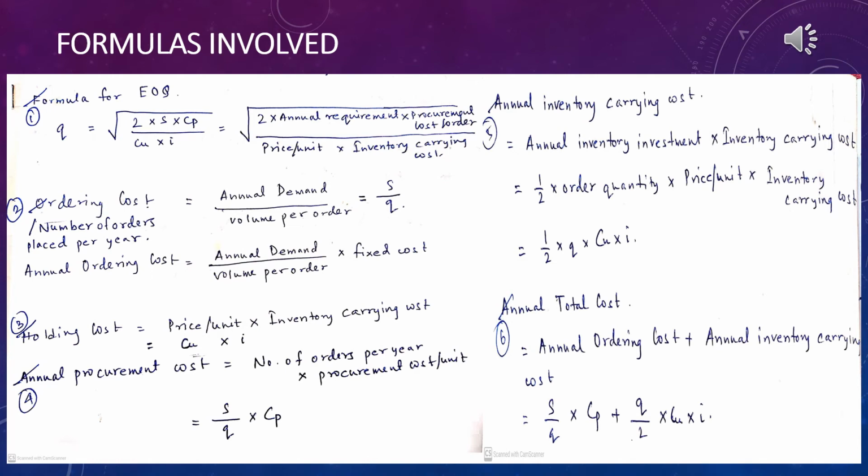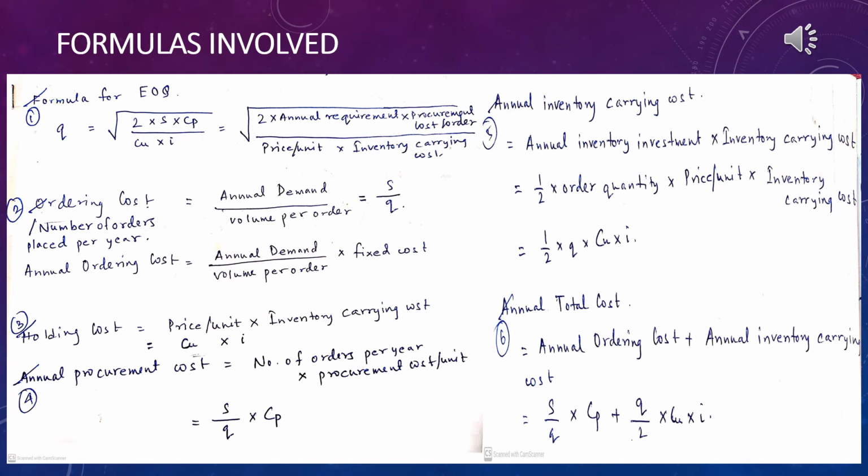Now if we put the values back into the actual formula of EOQ, 40 and 0.16: 2 into S into CP divided by CU into I, which is practically our holding cost. That is 2 into 9600 into 40 divided by 0.16.